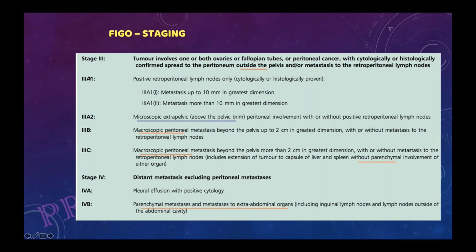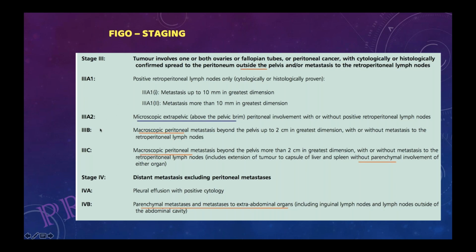Just remember 3A is microscope. We can only see it under the microscope. So till here, the diagnosis will be under the microscope. You can't see it with your bare eyes. Just remember this.